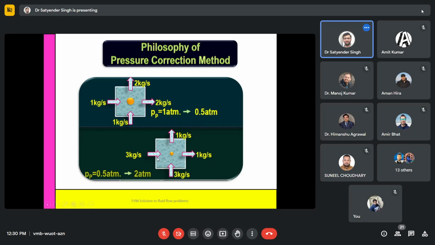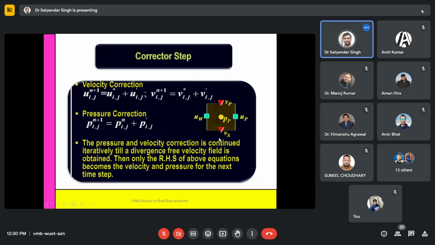It means that for a certain error, the mass which is entering and leaving has not yet reached that level. So we keep on guessing the value for the pressure. This is the step in the pressure correction method, whereas in the other one, the pressure projection method, there is an equation considering some relaxation factor that is implemented in your CFD solver.